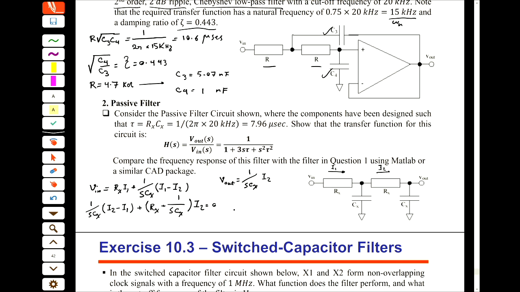Then if we assume that Rx Cx equals tau, then we can find that V out divided by V in equals 1 over (1 plus 3s tau plus s squared tau squared).